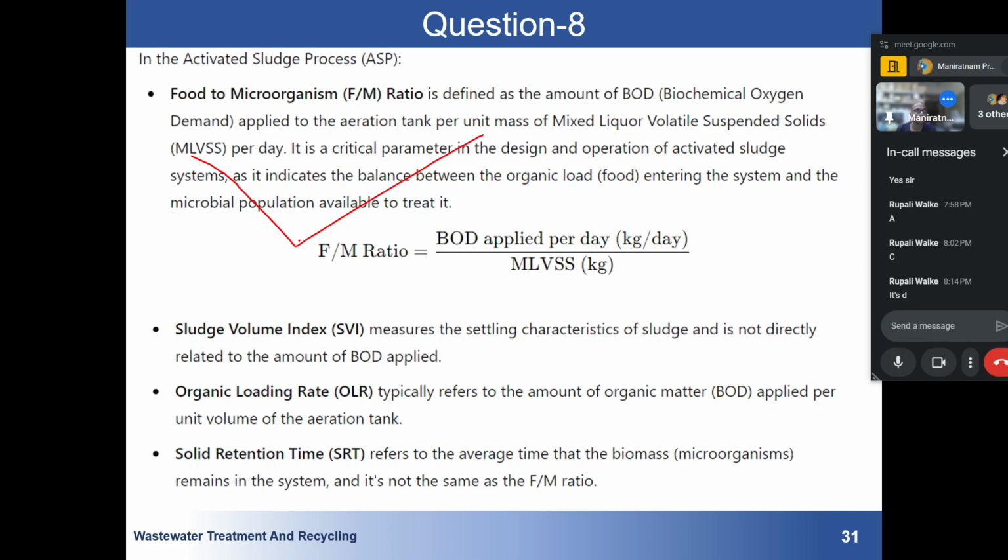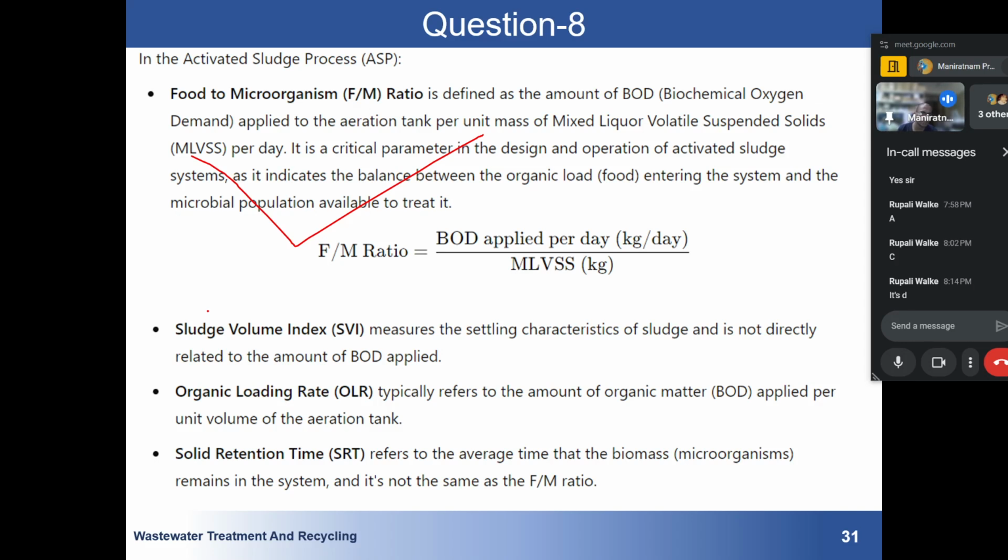Just imagine there is too much food for the microbes. Remember the case where the amount of organic matter is very high but the microbes are very few.